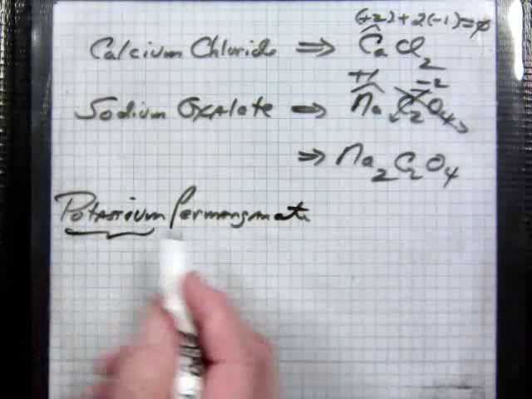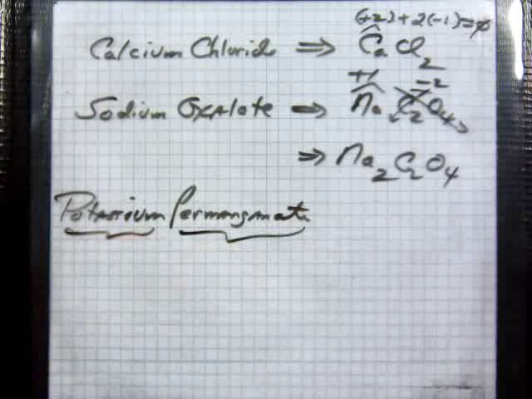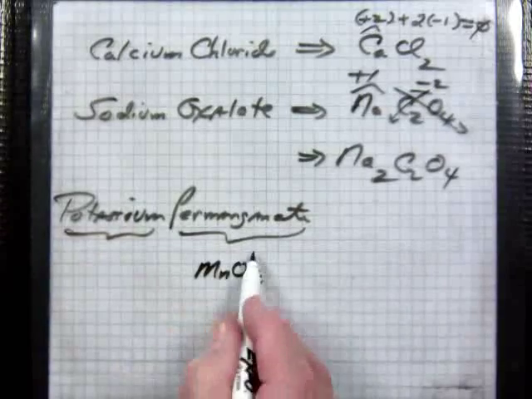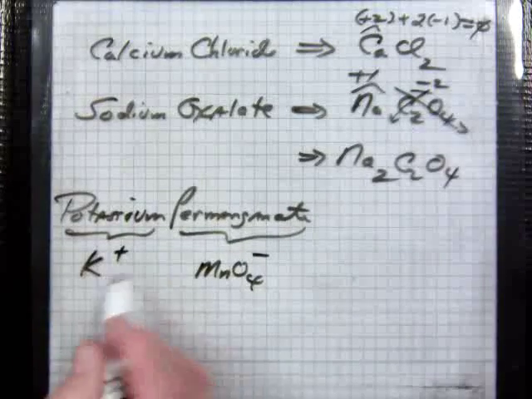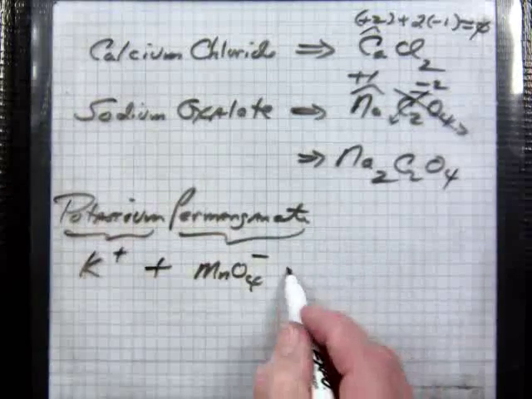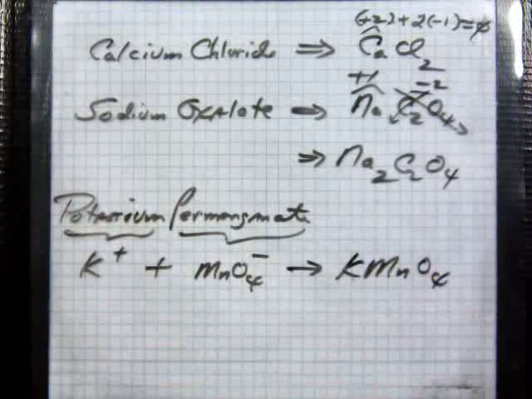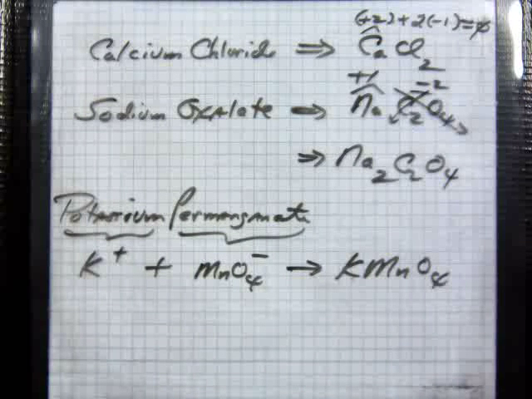Okay. So you have to know your polyion structures. MnO4 -1, potassium +1. Add those two together, and it's KMnO4. So you would not need an additional subscript in there for that structure.